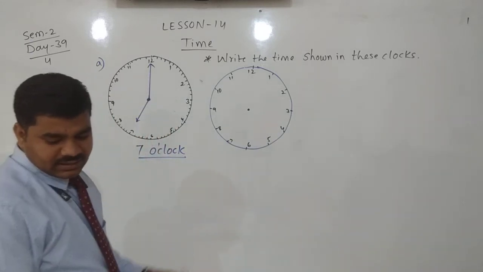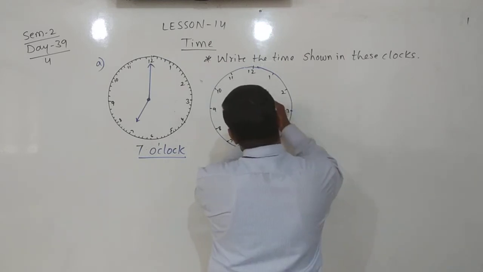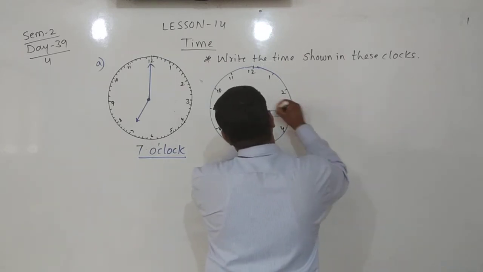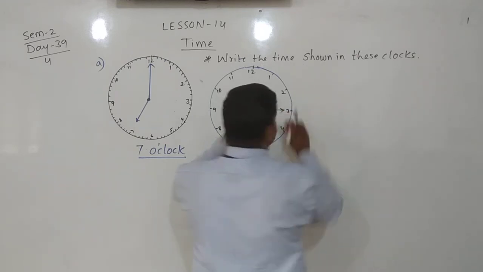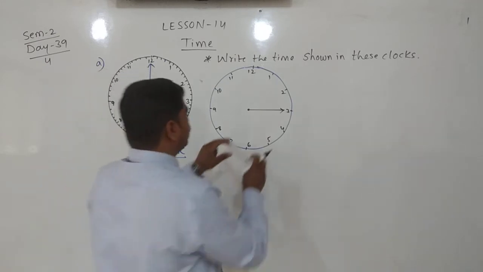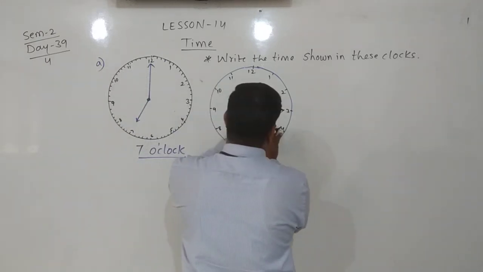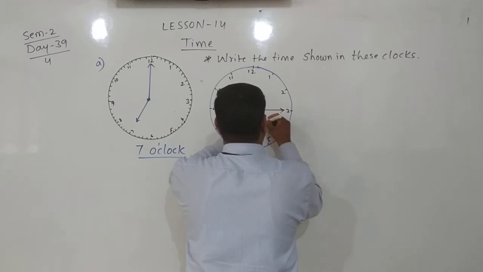Here the minute hand is pointing at 3, and the hour hand is pointing a little after 4. Just after 4, so we read it as quarter past.